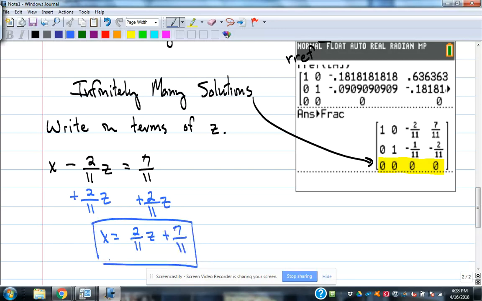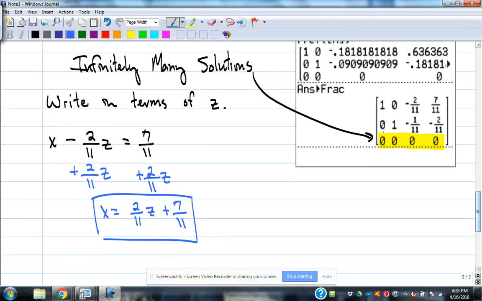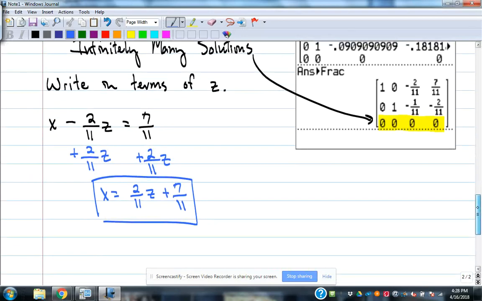There's x. The second equation, what's this second row? What does it turn into as an equation? Yeah, y minus 1 over 11z is equal to negative 2 over 11. Could we get y by itself on that one?